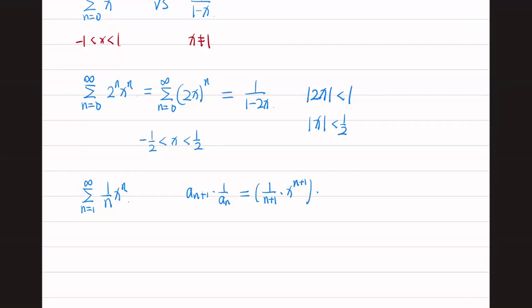I flip this, I get x^n. Then I simplify. If we take the limit, it is x. We take the absolute value.